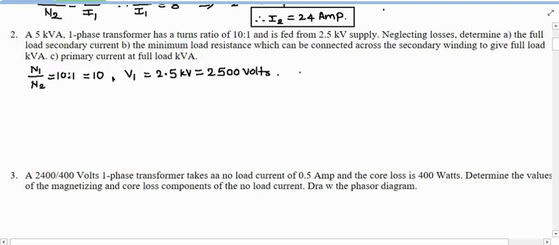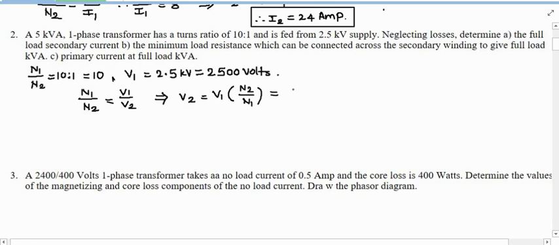We know that N1 upon N2 equals V1 upon V2, and this implies that V2 is equal to V1 into N2 by N1.